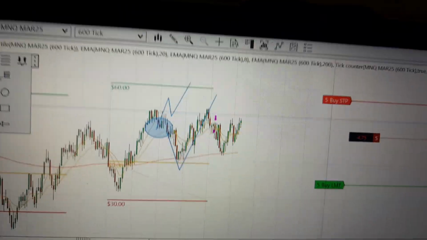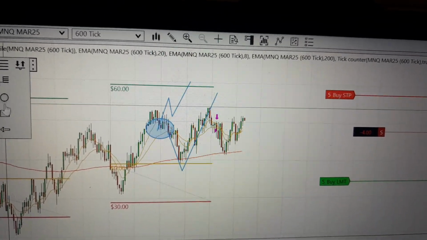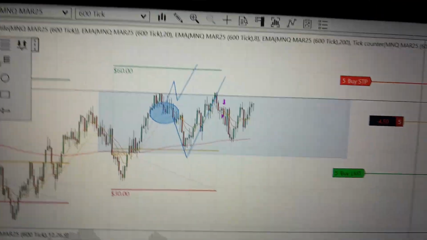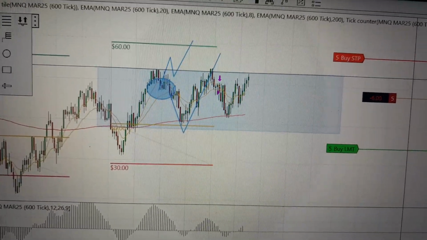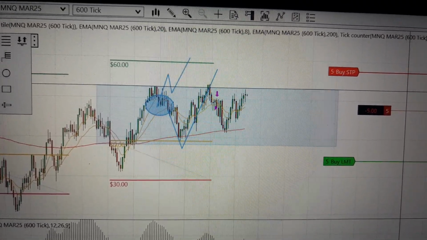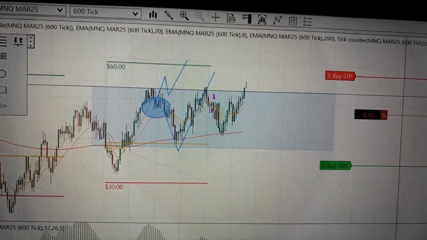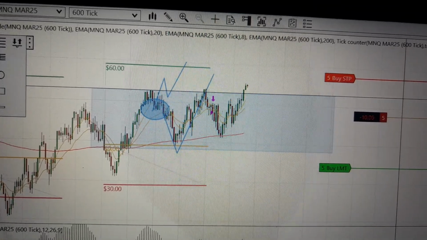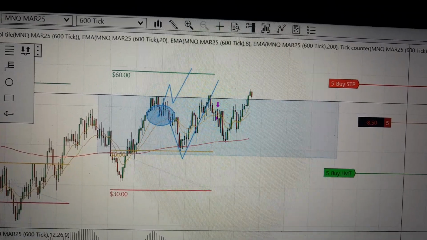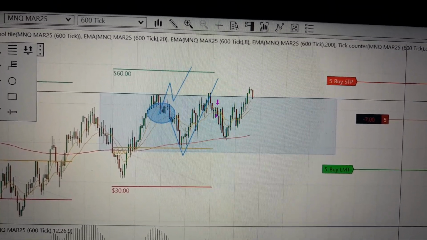So as you can see, it would have never gave me my profit here. Stay stuck right here. Alright guys, so that's probably a loss.